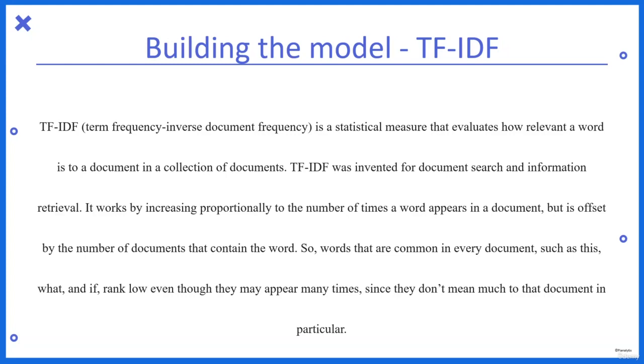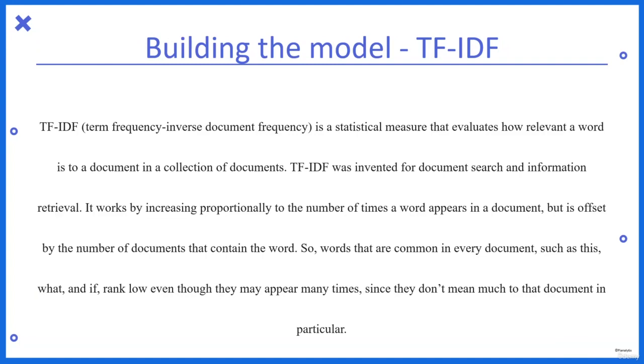So it works by increasing proportionally to the number of times a word appears in the document. That is the TF part, but it is offset by the number of documents that contain the word. So words that are common in every document, such as this, what, if, rank low.